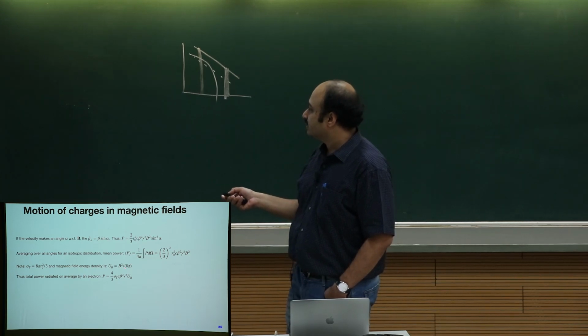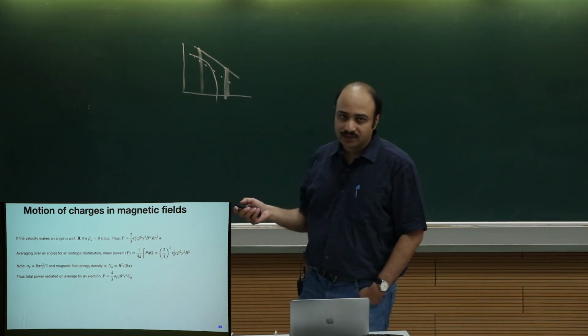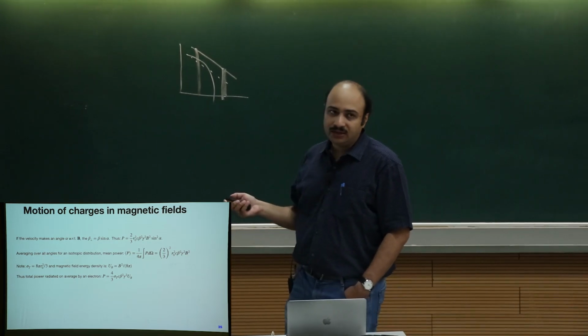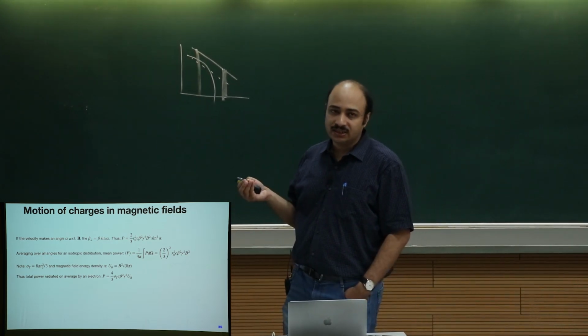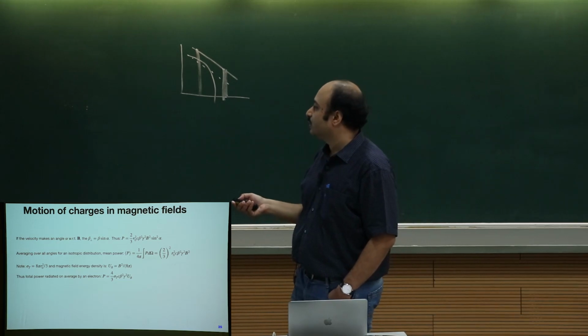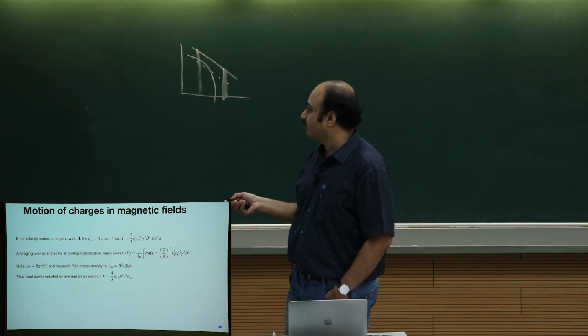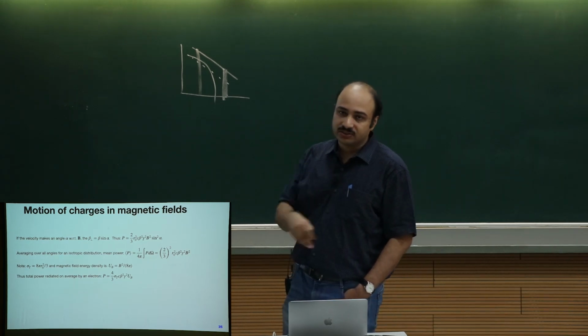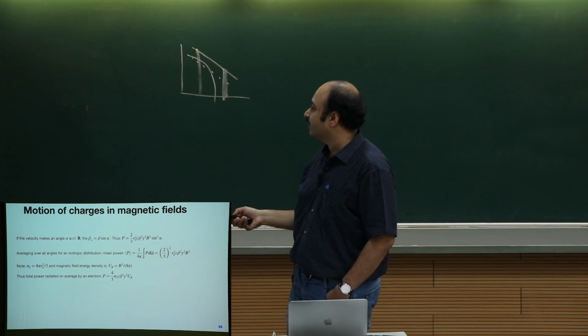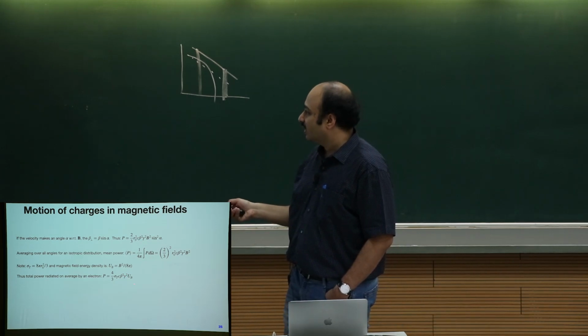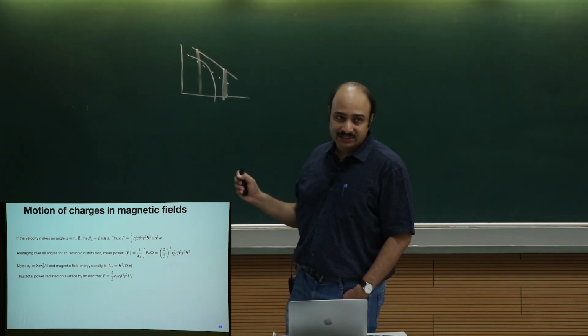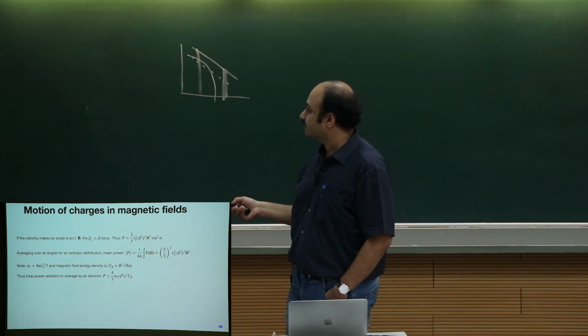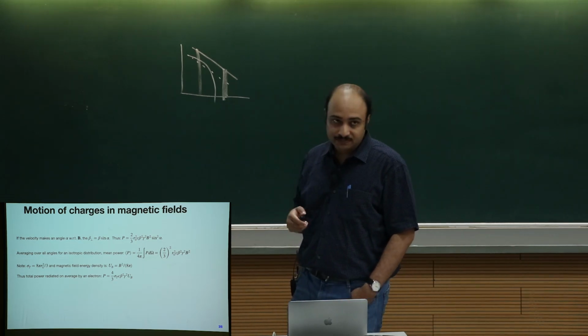You can recast this into this equation where UB is just the square of the magnetic field divided by 8 pi, which is the energy density of the magnetic field. What is important to take away from this relation is that the total average power radiated by the electron, averaged over all solid angles, is proportional to gamma squared and proportional to the energy density of the local magnetic field.